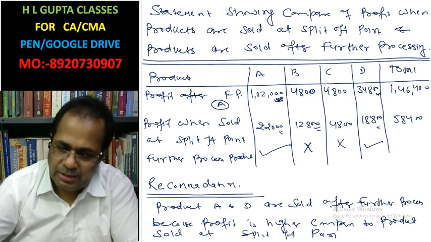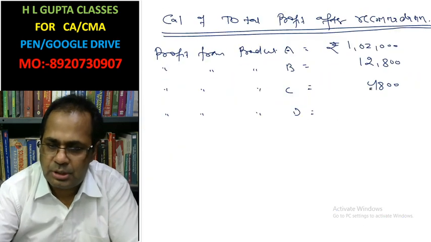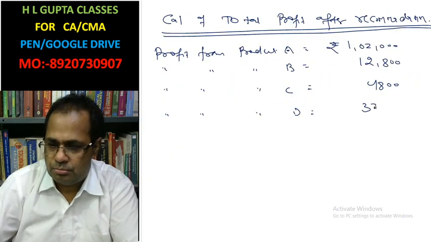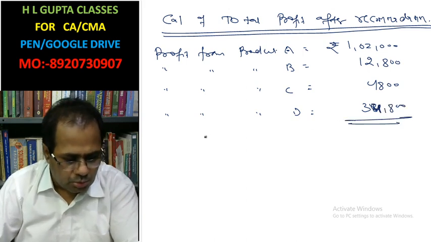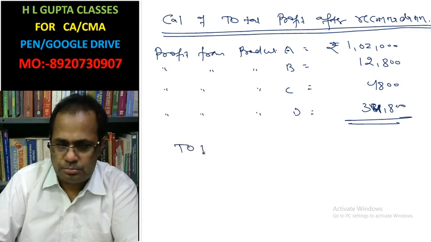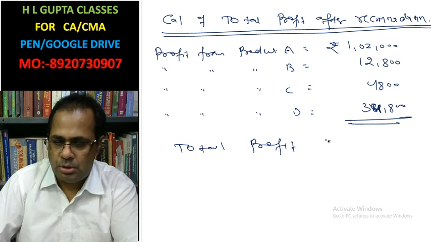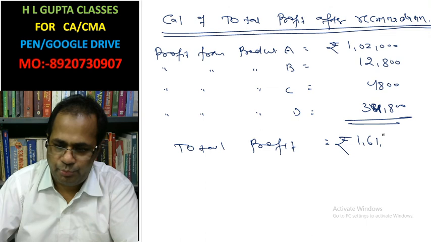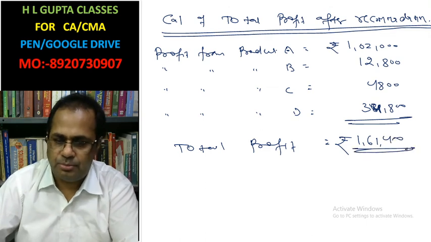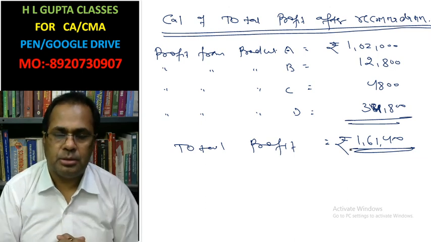And D, with further process, is 34,800. Total profit is rupees 1,61,400. This is the way of calculating the complete question.